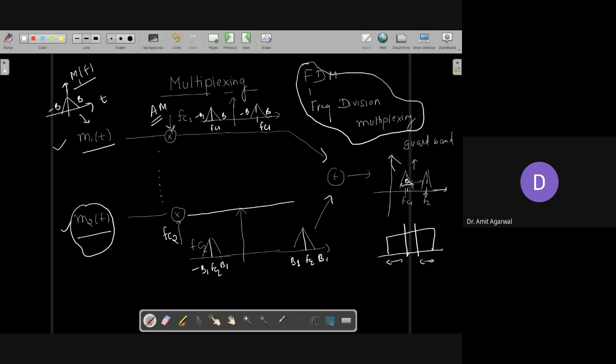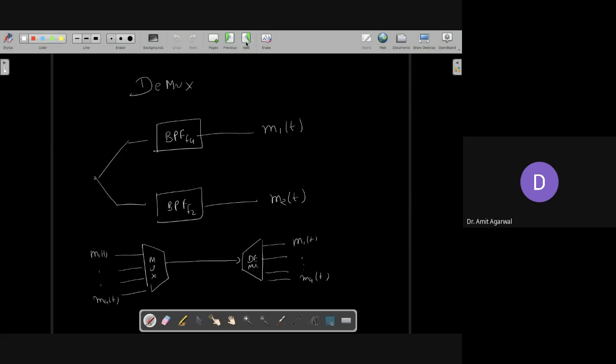And if FC1 and FC2 are sufficiently far apart so that the spectra of message signal 1 and message signal 2 do not overlap with each other, then you can easily reconstruct them by putting a band pass filter at the receiver. This is called frequency division multiplexing.